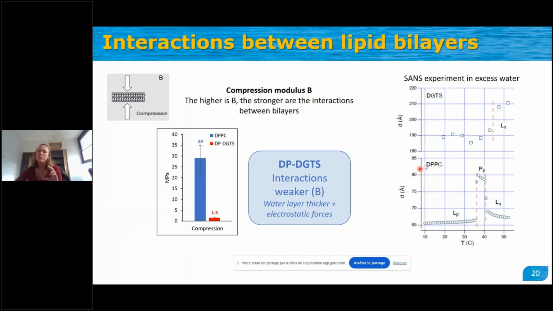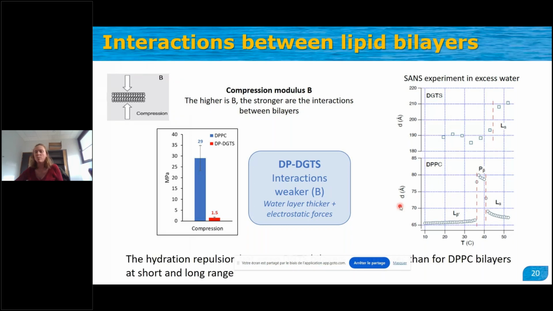What you can see is that for DGTS it is above 200 angstrom, whereas for DPPC it is around 70 angstroms. That means the hydration repulsion in this case, because the water layer is much thicker for DGTS, is smaller at long range this time for DGTS. So at short and long range, DGTS bilayers are not interacting as much as DPPC bilayers.